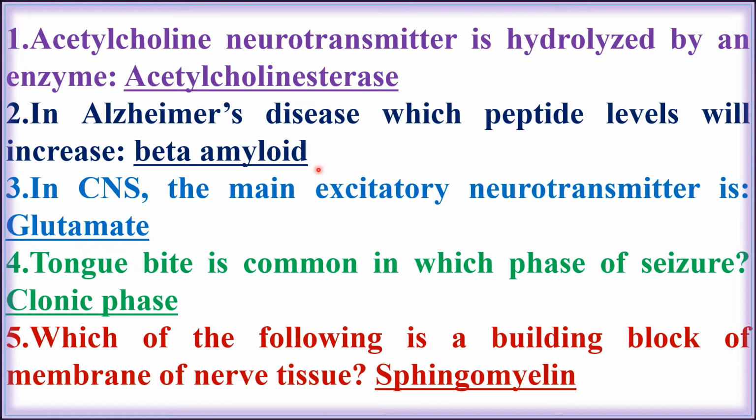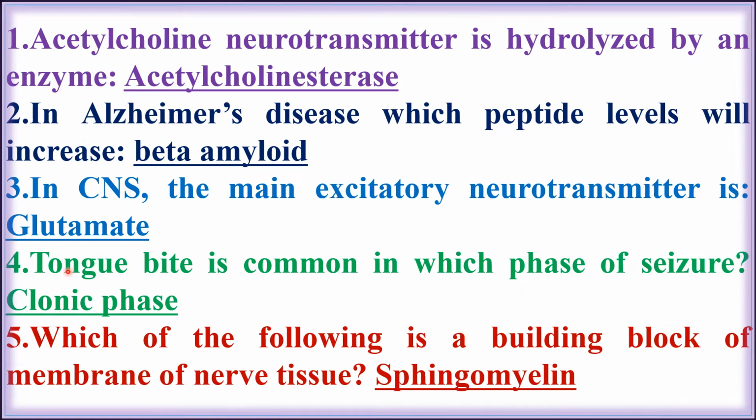First, acetylcholine esterase. Next, in Alzheimer's disease, which peptide level will increase? That is beta amyloid. Next, in the central nervous system, the main excitatory neurotransmitter is glutamate.